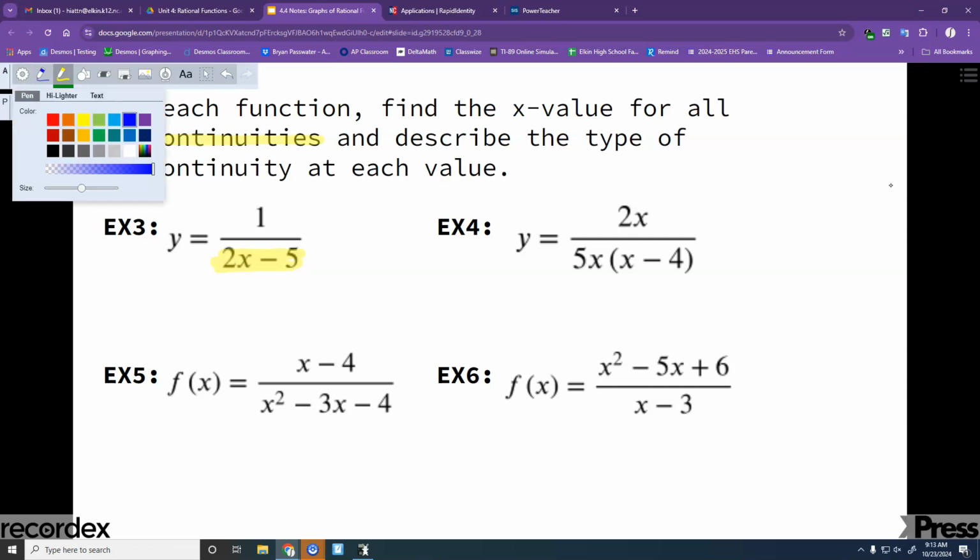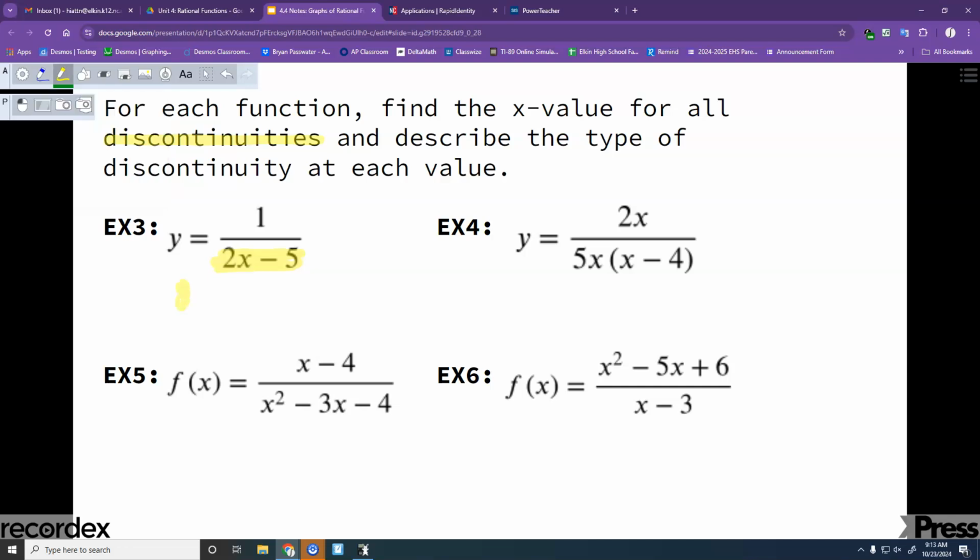So in this particular case, what value would make that denominator 0? Is it positive 5? It is not, because we have a number in front of our x, right? So we're going to say 2x minus 5 equals 0. We add the 5, so 2x equals 5.